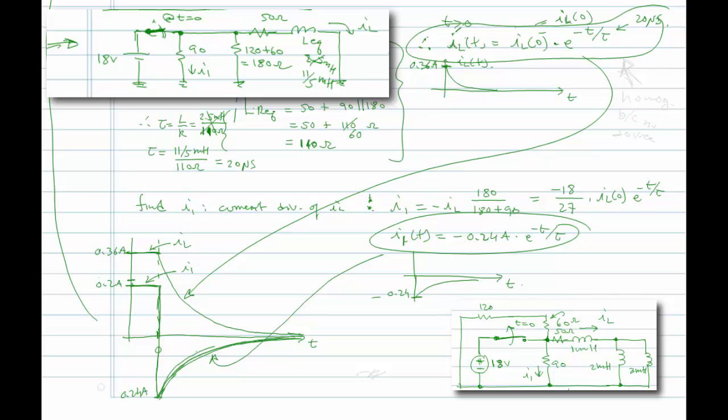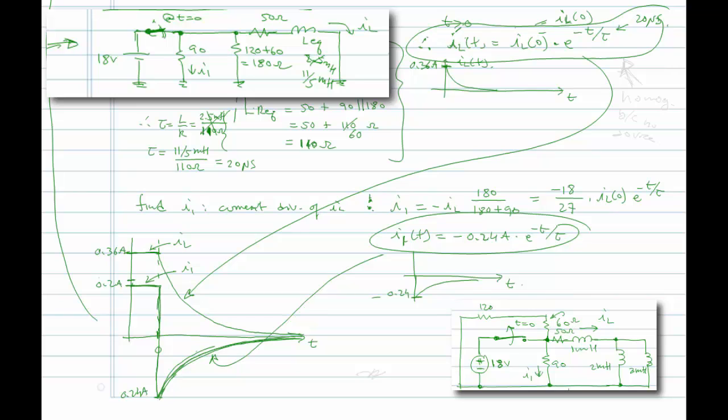So prior to time t0, there is 18 volts divided by 90 ohms flowing through the 90 ohm resistor. So I1 is positive, and that is due purely to the 18 volts being across the 90 ohms. But at the same time, while the switch is closed, there is current being supplied from the 18 volts over to the inductor, producing a clockwise current IL.